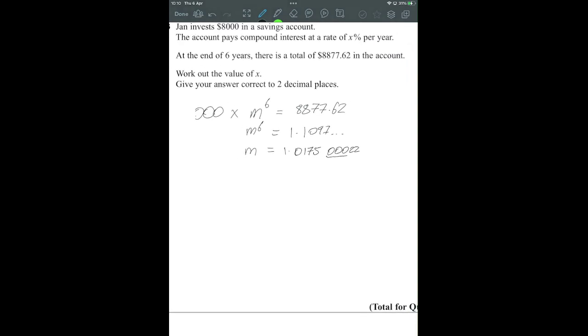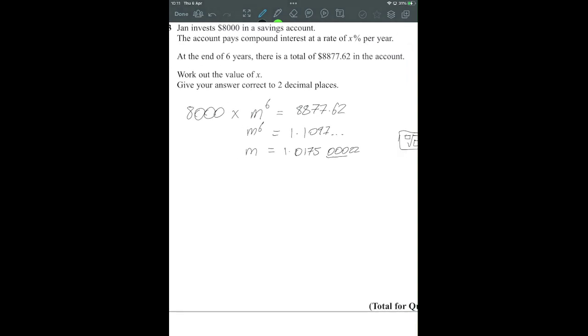Now, of course, this is the multiplier and not the interest rate. So we need to convert this back into that interest rate. Well, thinking how you would turn the interest rate going forward, you'd add it onto 100 and then divide by 100. So going backwards, this is telling us this is 101.75% of, which is therefore a 1.75% increase.